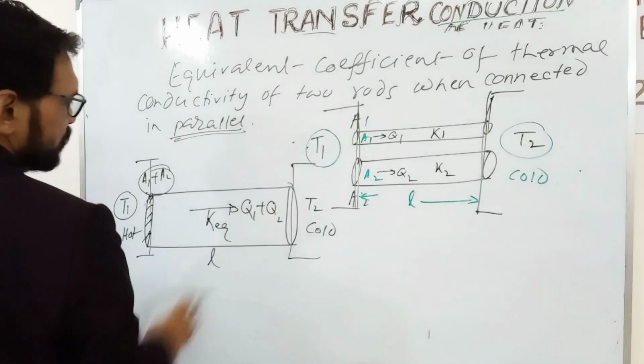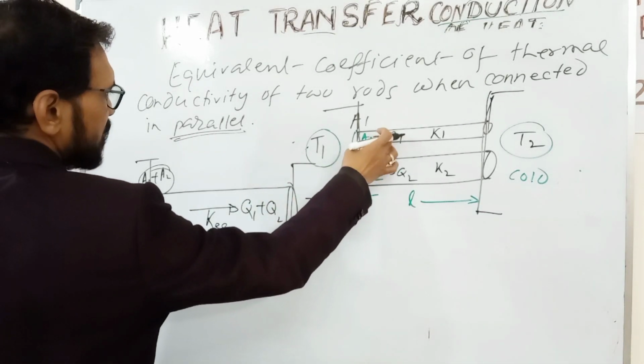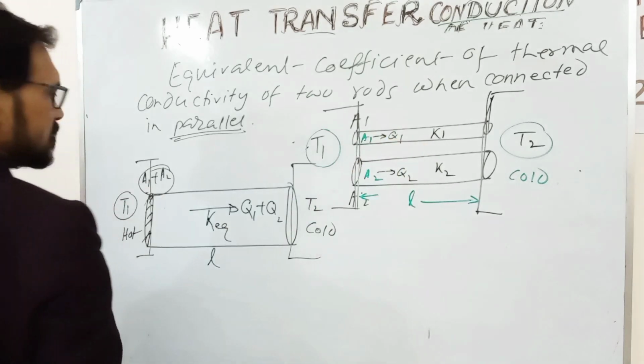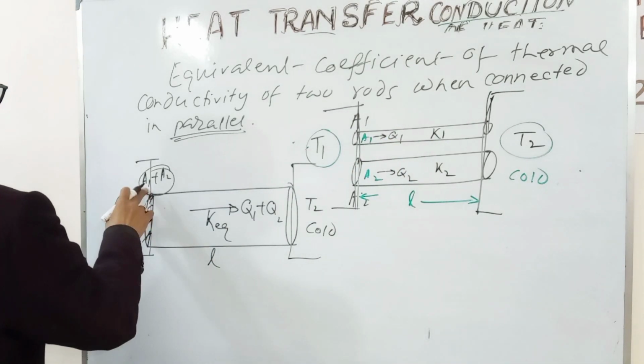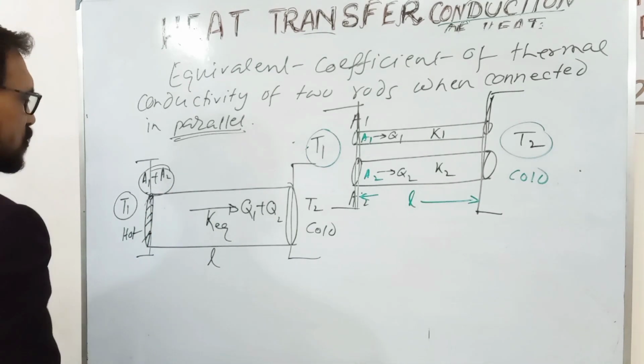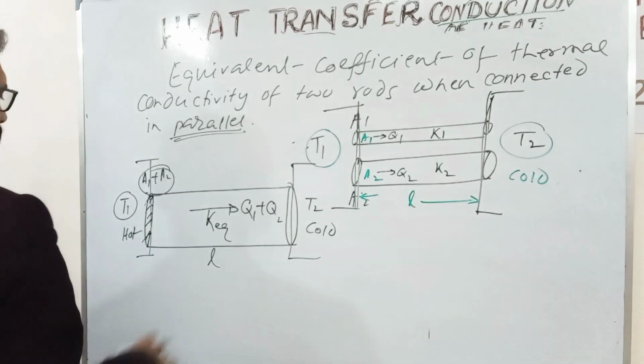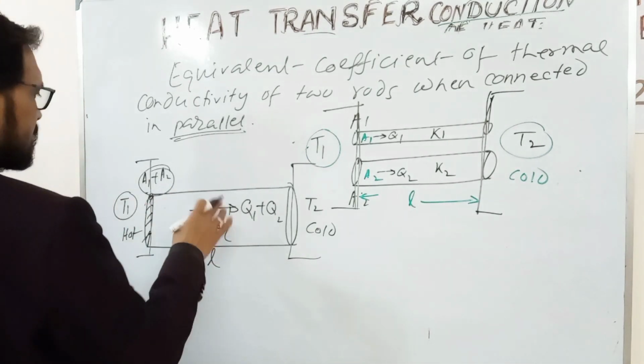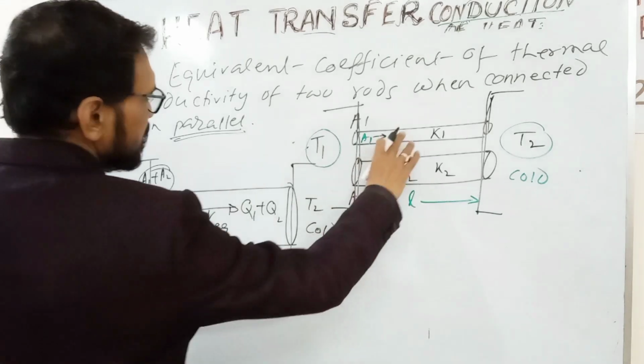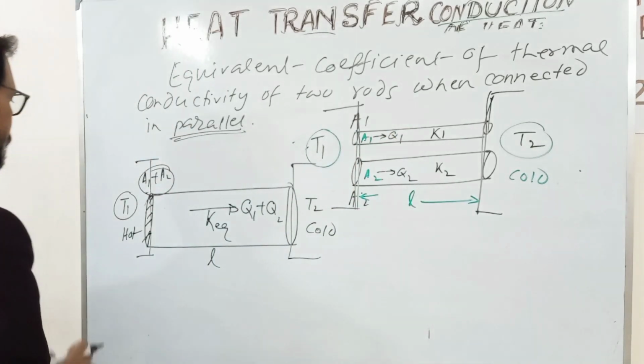The amount of heat flow must be the sum of the heat flow through the two rods. Area of cross section must be the sum of the areas of the two rods. So now this single rod is said to be the equivalent of the two rods.